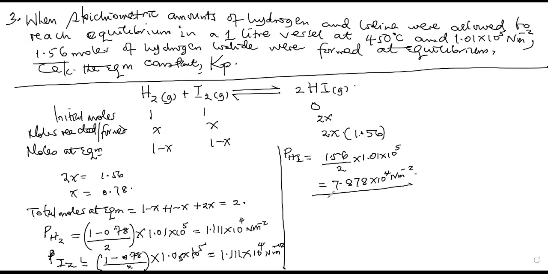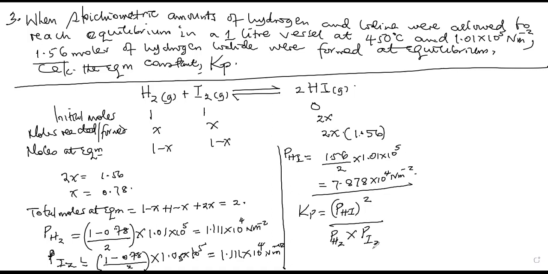So they want the value of Kp. You know that Kp is the partial pressure of hydrogen iodide squared. You begin with the products. You need to remember how we write Kp values, over partial pressure of hydrogen times partial pressure of iodine.